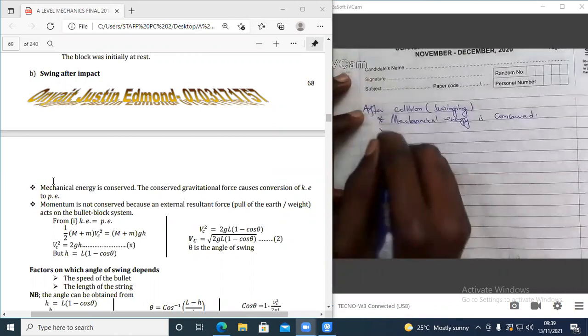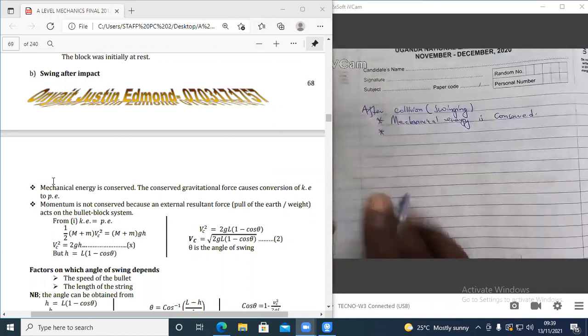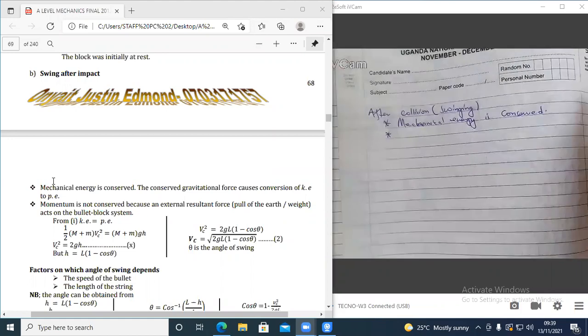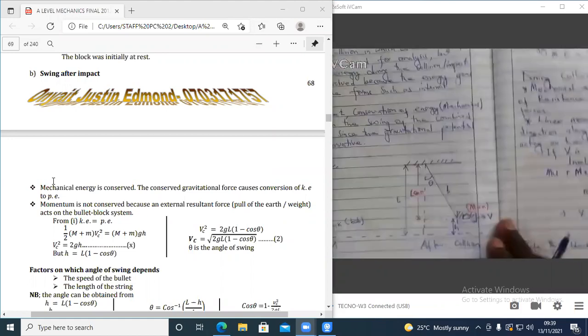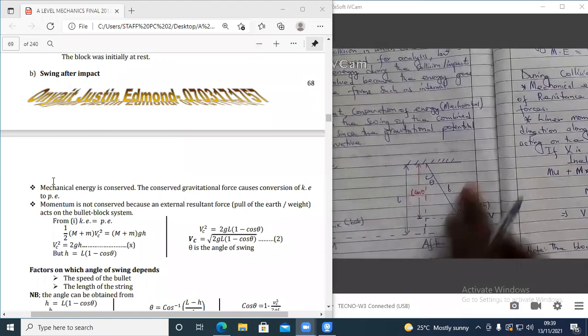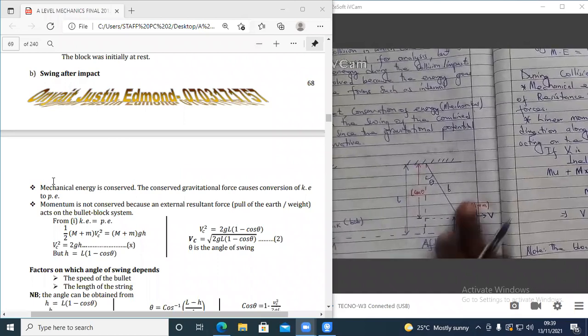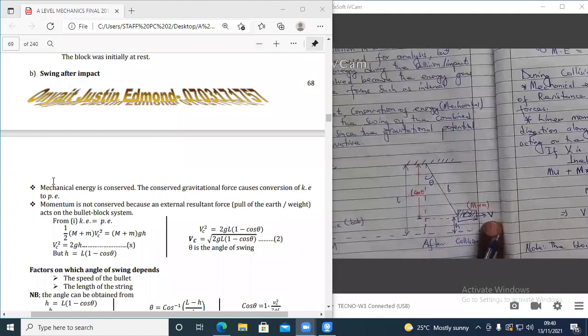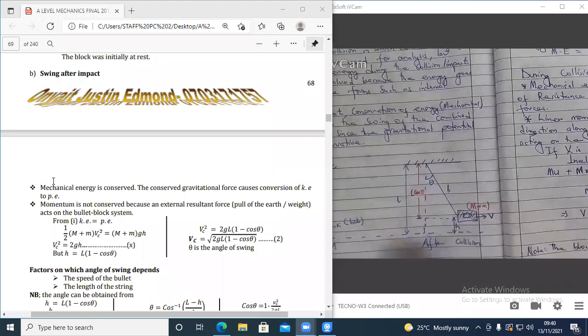Good. Then momentum is not conserved when it's swinging, members. Why are we saying that momentum is not conserved? Momentum is only conserved in a horizontal direction. Because when it's swinging, it's swinging in a vertical direction.